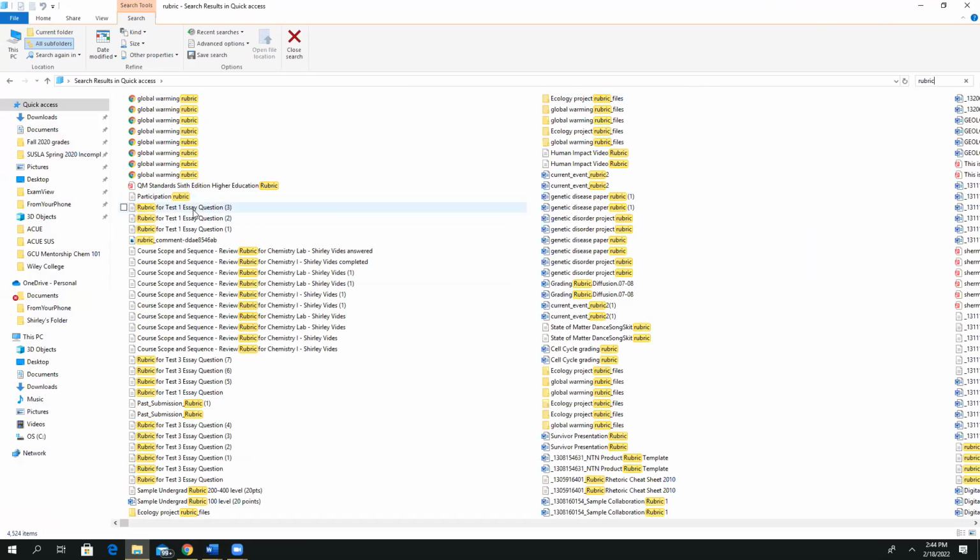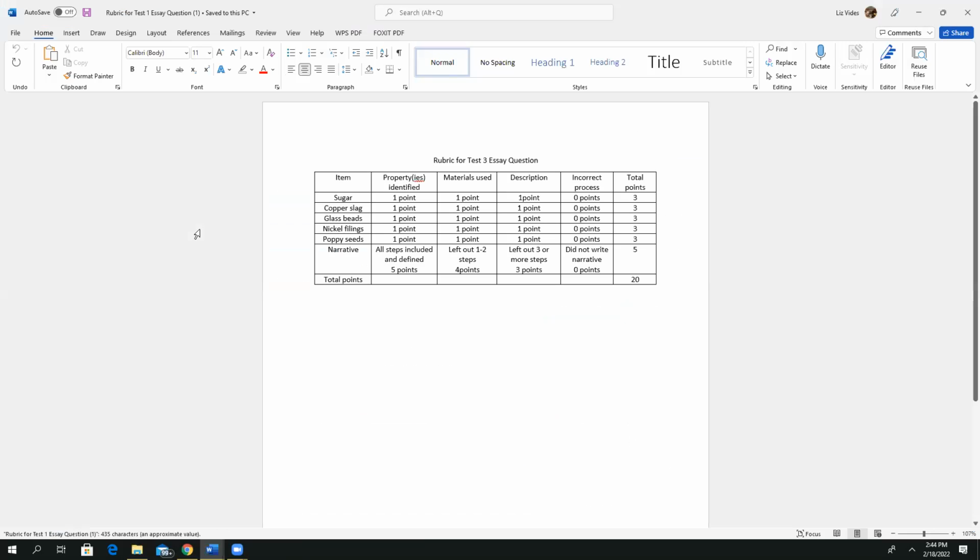Yes, there it is. Okay, so the rubric is going to look like this. All right, and I'm going to post it for you, but basically it just depends on which one you're doing, right? It may not have the sugar, the copper slag, the glass beads, but I think yours does.